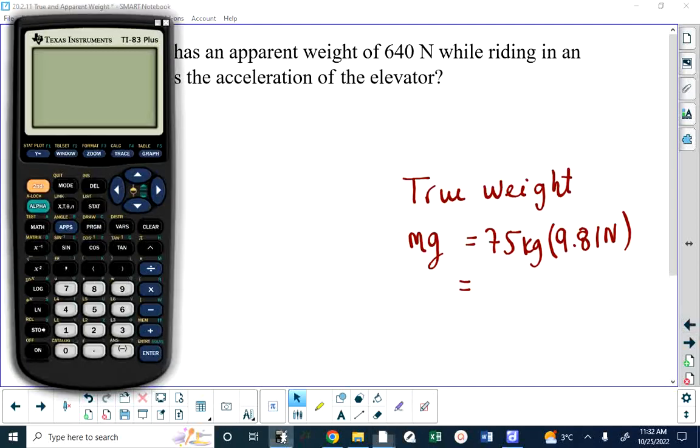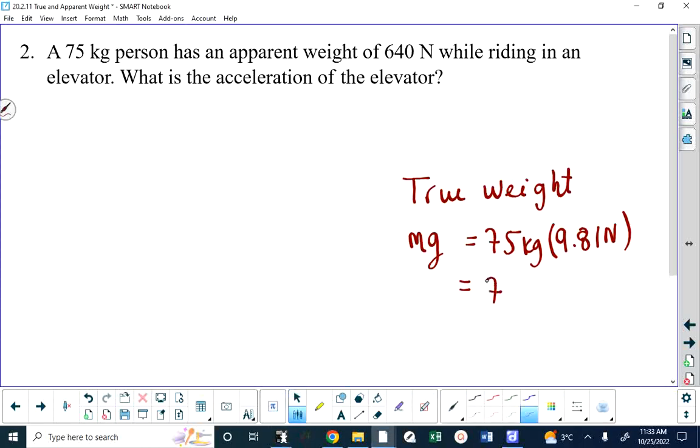How many of you understand the elevator must be accelerating down? I see 75 kilograms, and my mind says 750 newtons, approximately. But they weigh less, so it must be accelerating down. But let's get a number on this. 75 times 9.81 gives me 735.75.